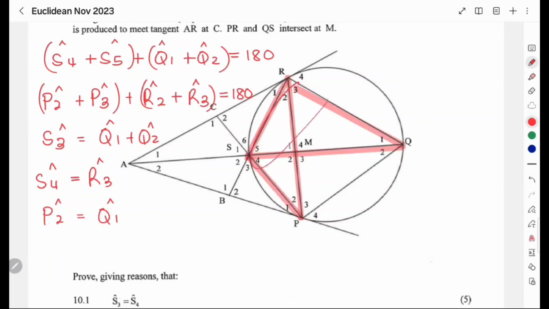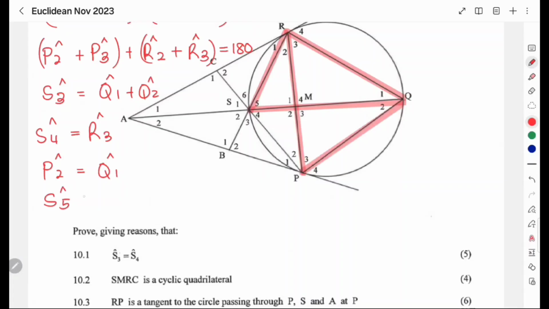In addition to this, we can see that the chord RQ subtends the angle S5 and the angle P3 at the circumference. So S5 is equal to P3.